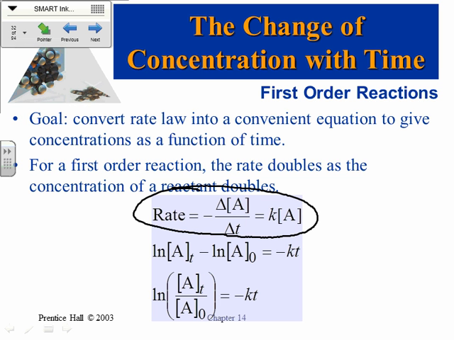That's also equal to k times A to the first power, because in a first order reaction you're only going to have that one thing, and it's going to be raised to the power of 1. If it was raised to the second power, then it would be a second order reaction. So we can make those things equal to one another.